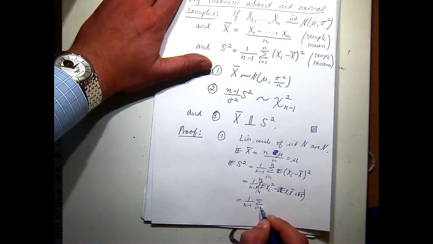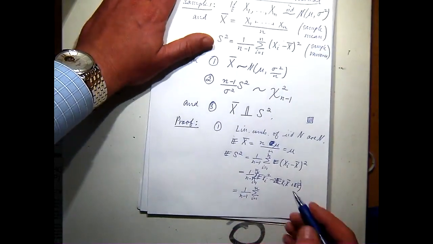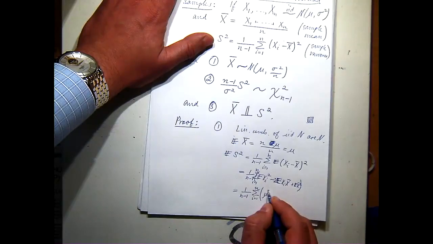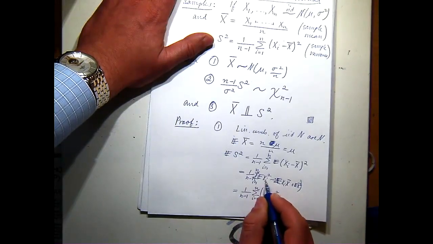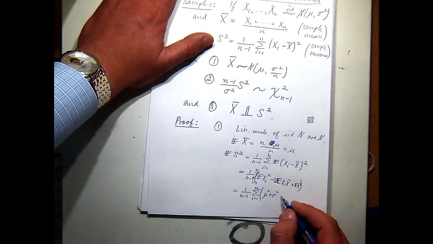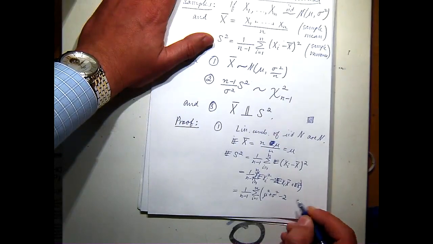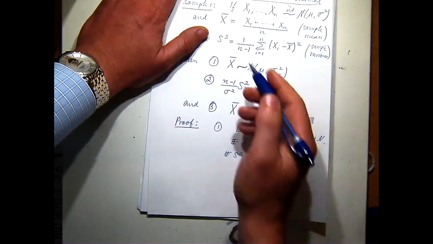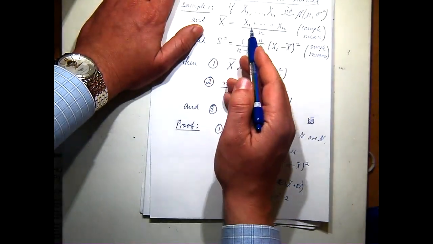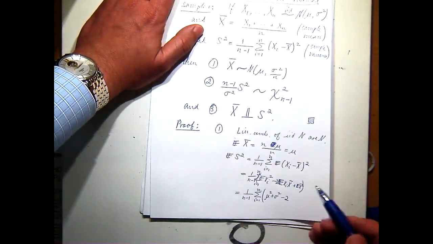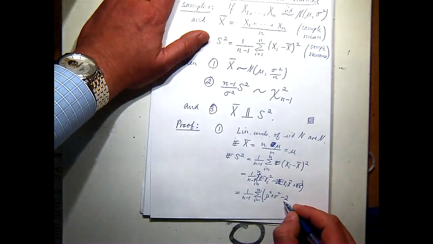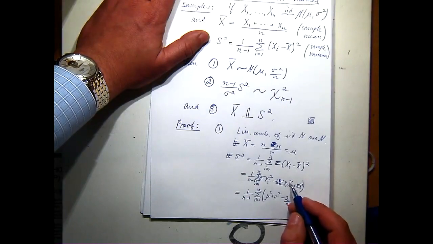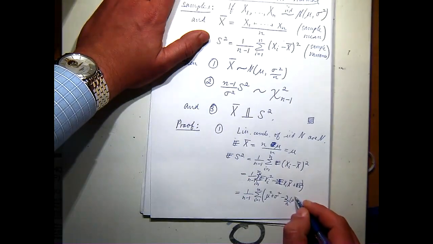Sum i equals 1 to n of mu squared plus sigma squared. Remember, it's just a second moment. Minus 2 times, the only one that matters here, x bar: if you look at the definition of x bar, it has every variable, which are all independent, divided by n. So that's minus 2 divided by n times the expected value of xi.